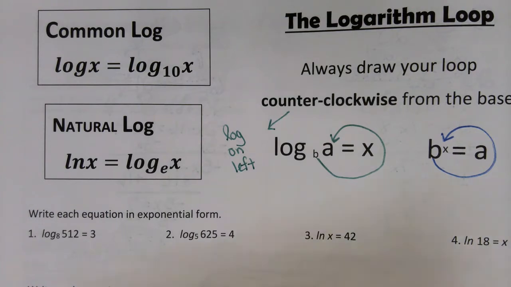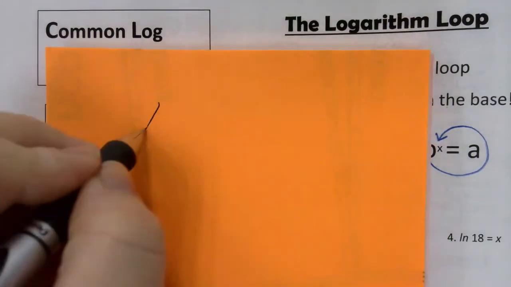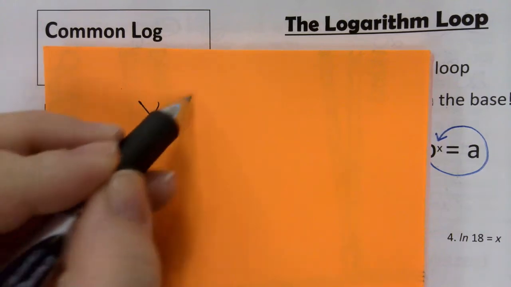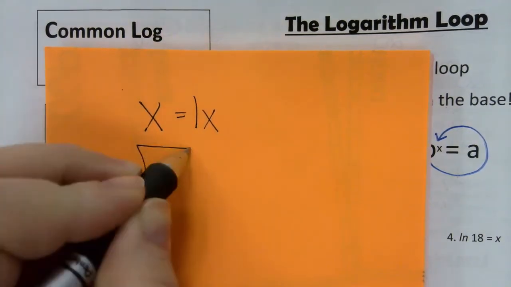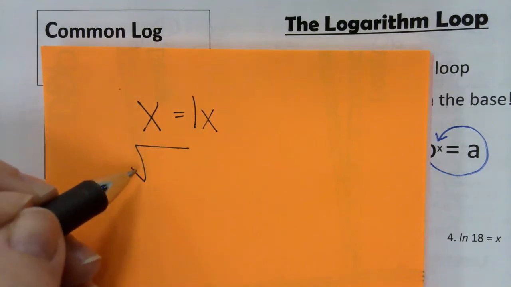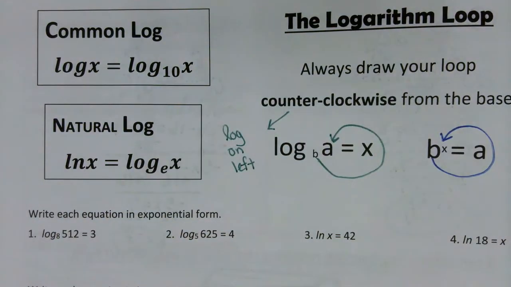That happens in math as well. For example, you know that if I put x, the number in front is understood to be a 1. Even if we don't see it, we know that the 1 is there. We also know that if I have a square root, the index is 2, even though there's not a 2 written there. Well, the same thing is happening with logarithms.